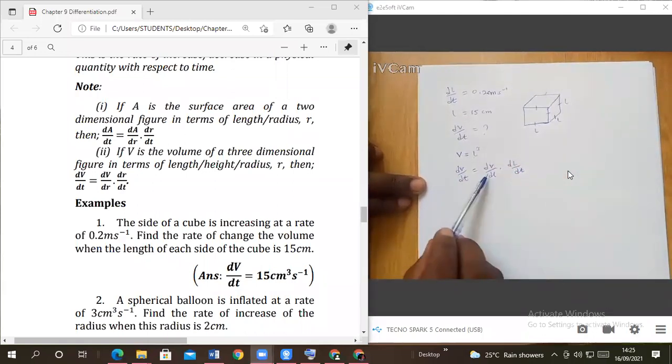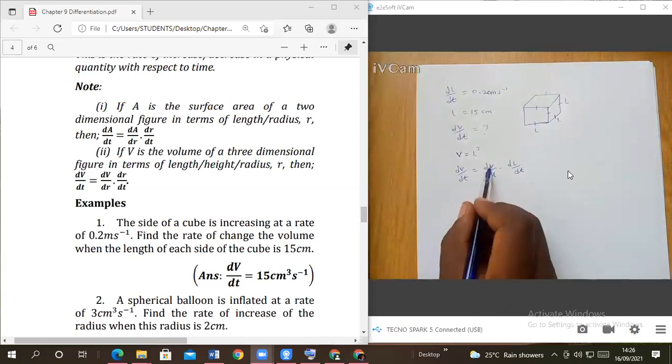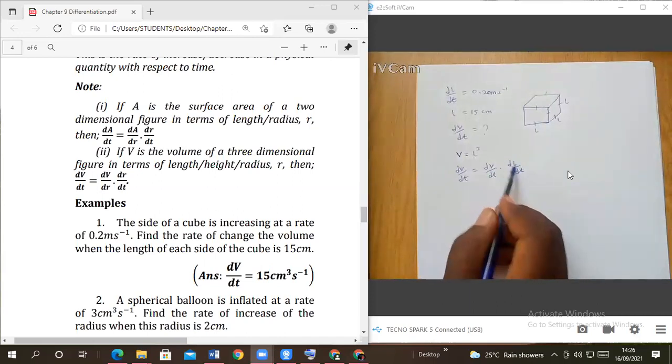We get the derivative of V with respect to L, and then that of L with respect to t. You know how the chain rule works, eh? Like this, the dL is going away, we remain with the dV/dt. So we need to first find the dV/dL, then the dL/dt is already given.